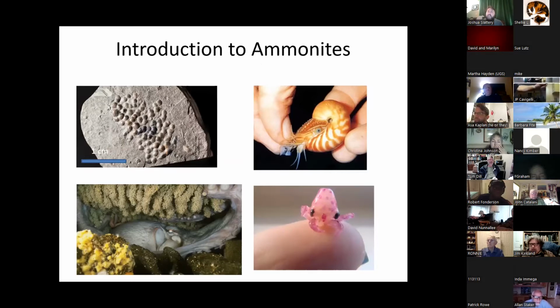It puts a lot of energy investment into those eggs, so those eggs have large yolks. When they hatch, the hatchlings, like this one right here, are around 2.5 centimeters, or about an inch.